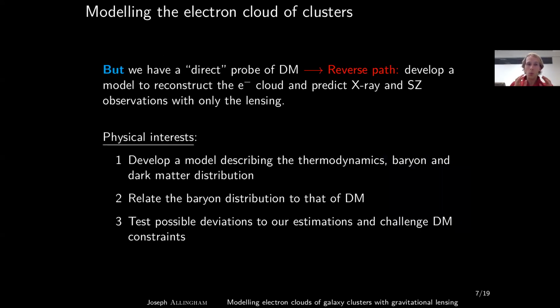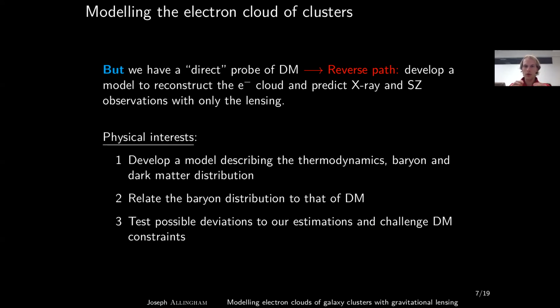So we have a direct probe of dark matter, so we can take the reverse path from what people usually do. We can develop a model to reconstruct the electron cloud and therefore predict SZ and X-ray just using the lensing. So there are key aspects here.